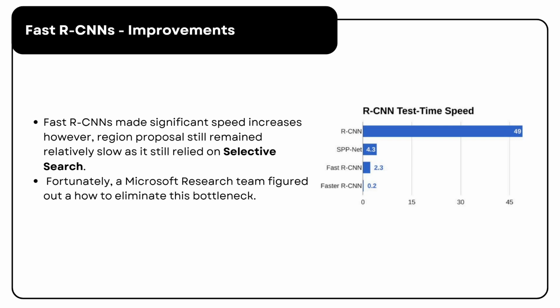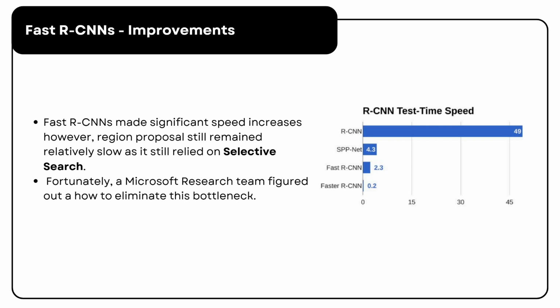So far, we've seen how Fast RCNN made object detection faster and more efficient by combining multiple models into a single end-to-end architecture. However, there is still one big bottleneck left, and that was selective search.